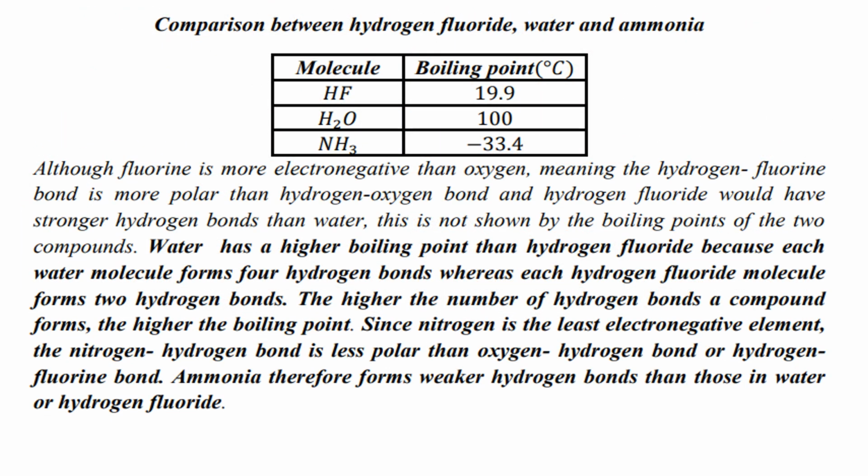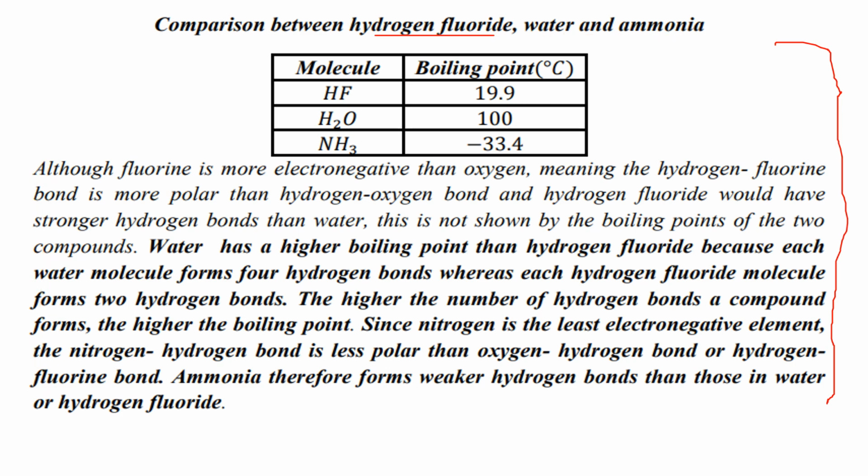So proceeding, we are going to be comparing hydrogen fluoride, water, and ammonia, giving the explanations according to structure and bonding. So you're going to be looking at why their boiling points or their melting points are going to be varying.